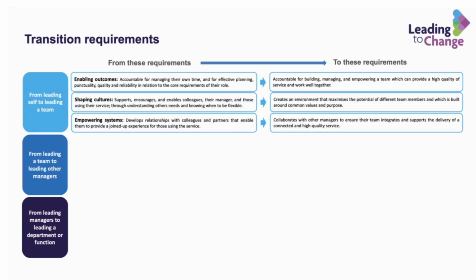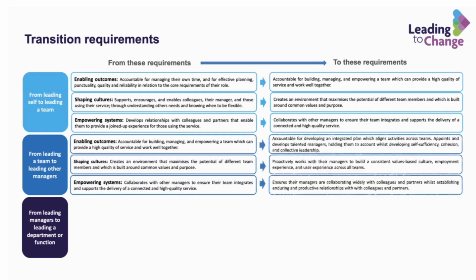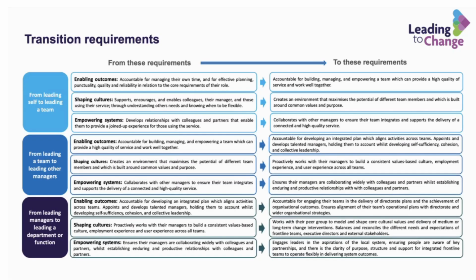So you can see from this first area, for enabling outcomes, shaping cultures, and empowering systems, we've described what is often considered to be some of the key requirements for people who are managing themselves, often in a frontline team. And on the right-hand side, you can see the shift, the difference that's required when you move into that first team leadership role. And the same has been reflected for each of these.